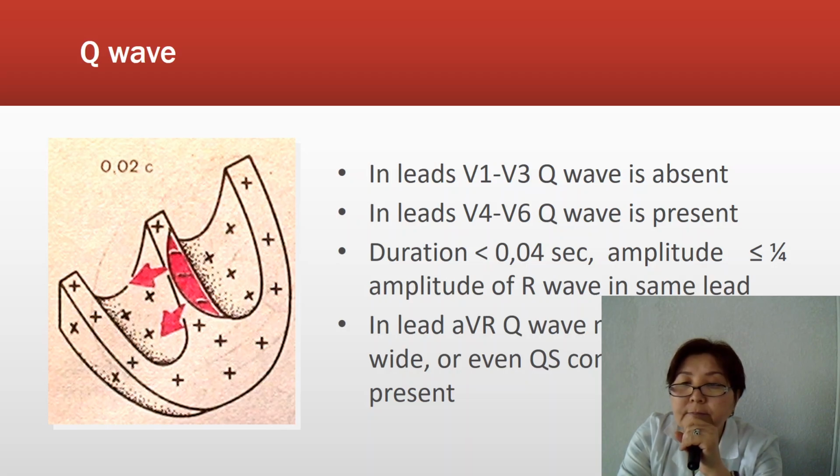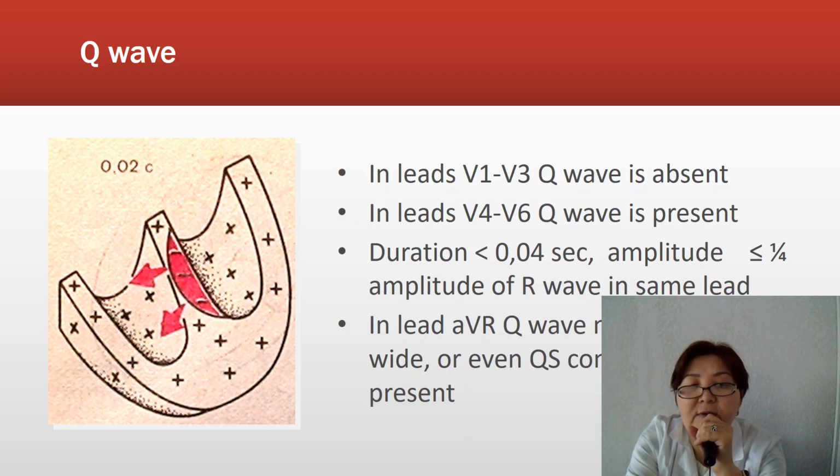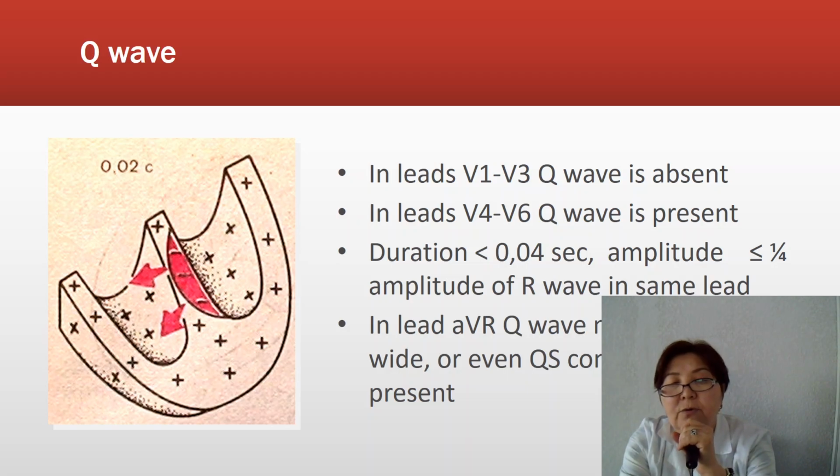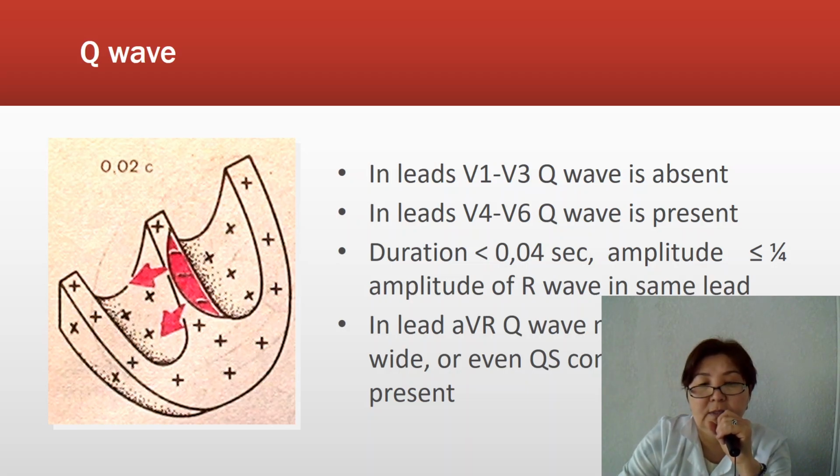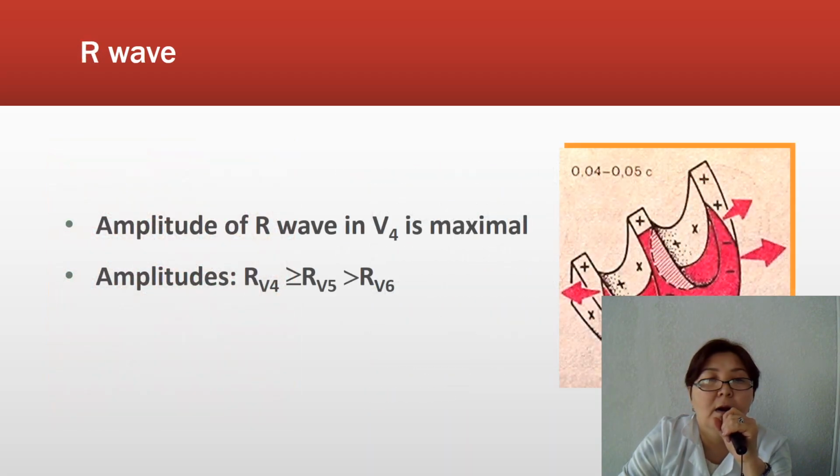Amplitude is 1/4 the amplitude of the R wave in the same lead. In lead aVR, the Q wave may be deep and wide, or even a QS complex may be present. R wave. Amplitude of the R wave in V4 is maximal.